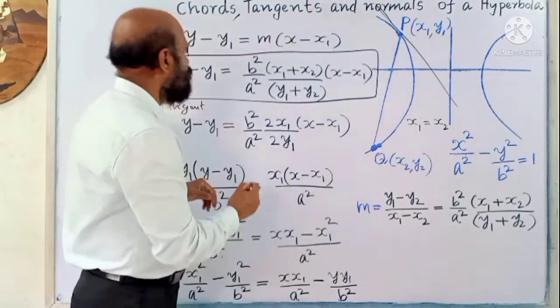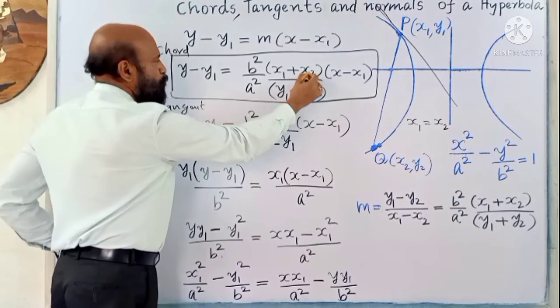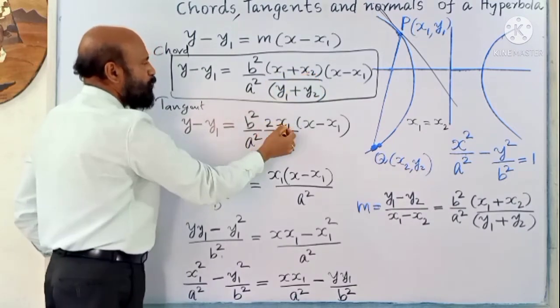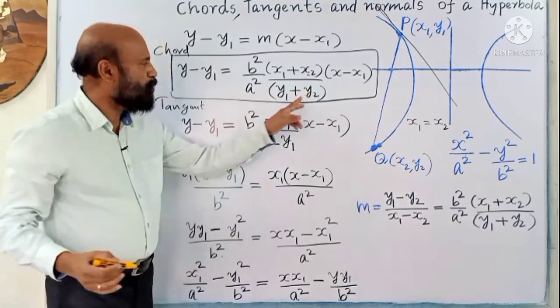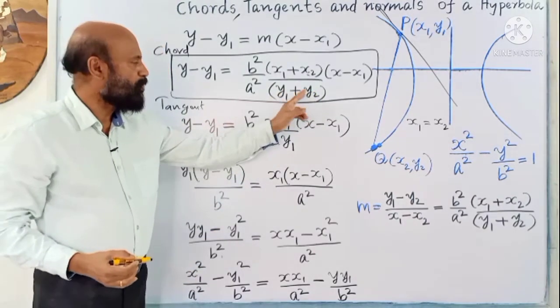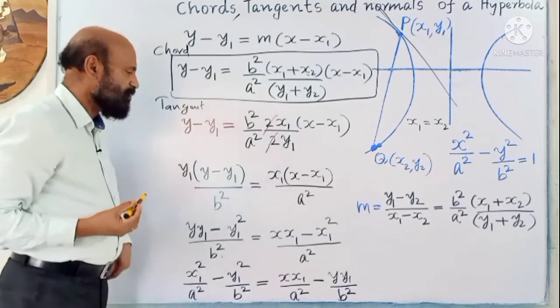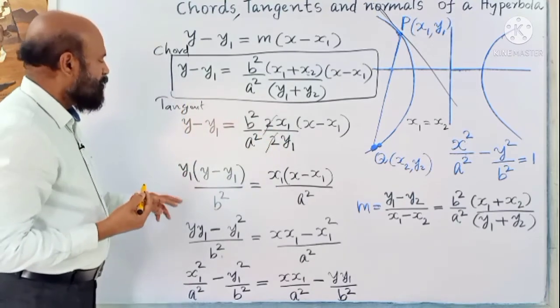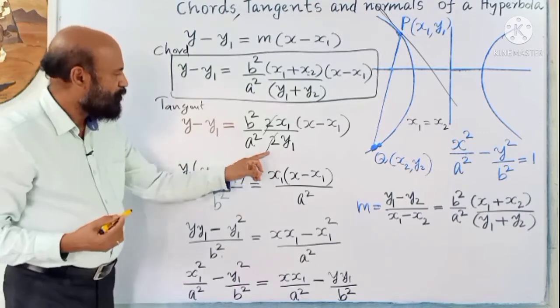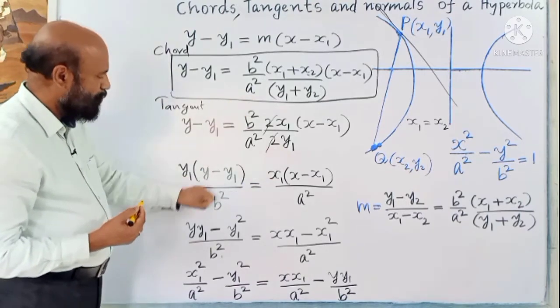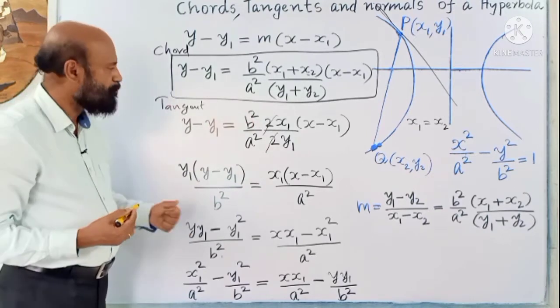Now when we substitute for x2, x1 plus x1, that is 2x1. Then for y2, when we substitute y1, y1 plus y1, 2y1. Then this 2 will get cancelled. Then rearrange this. Take this y1 to this side, then b square this side, and then it will be in the denominator.